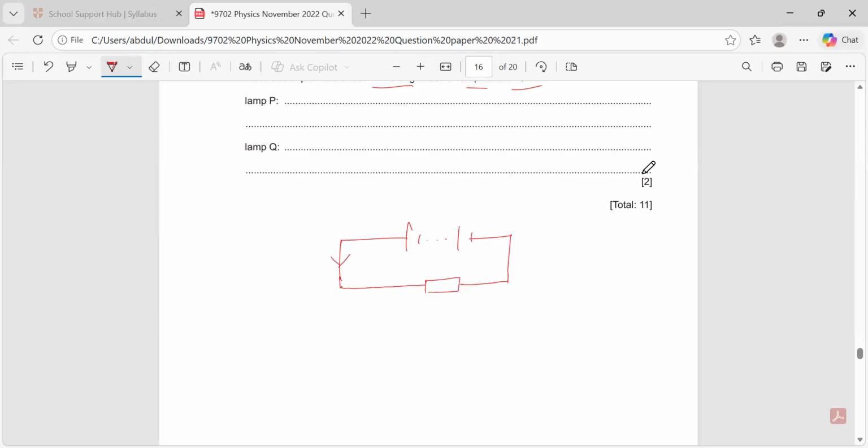Here current comes here, then here. This is lamp P, then this is the contact between them. Here is lamp Q. So here it is simply 12 volt. This is again 1.78, this is lamp P and this is lamp Q.